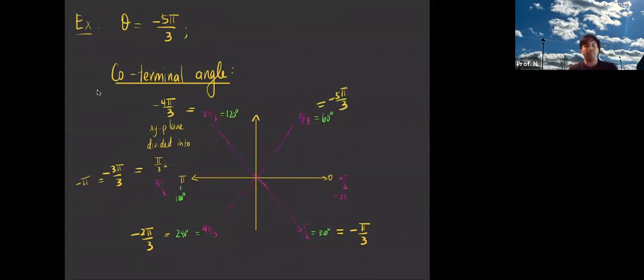So negative 5 pi over 3 is actually in the first quadrant, quadrant 1. And the angle that's coterminal to it is going to be pi over 3. So pi over 3 and negative 5 pi over 3 are coterminal angles. One of them deals with this angle here, that's pi over 3.